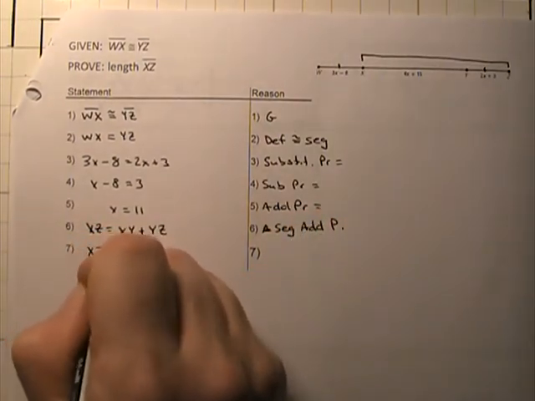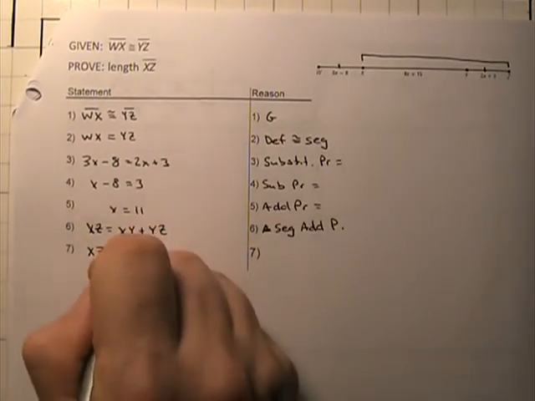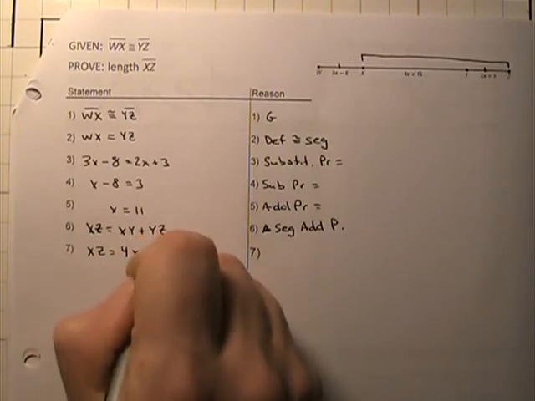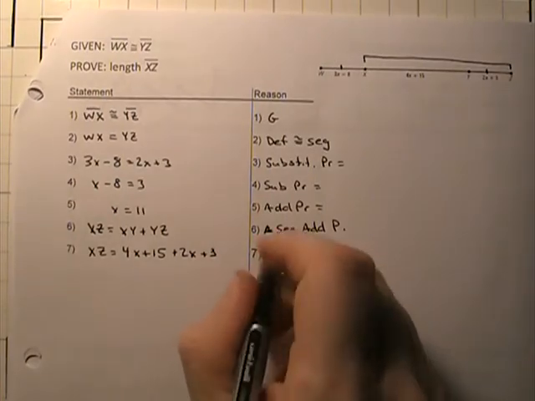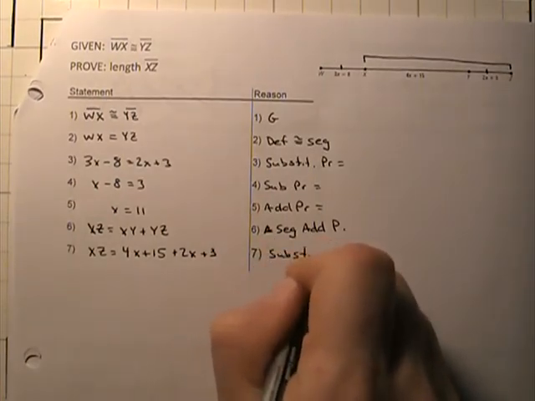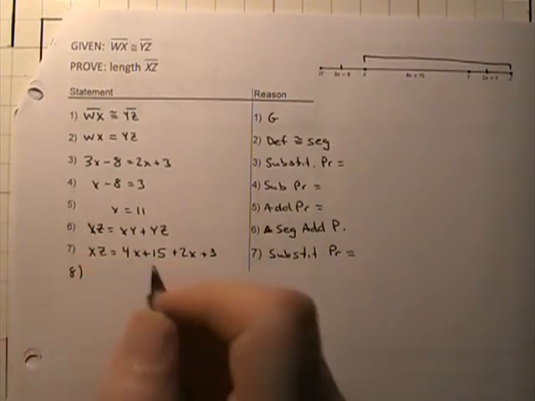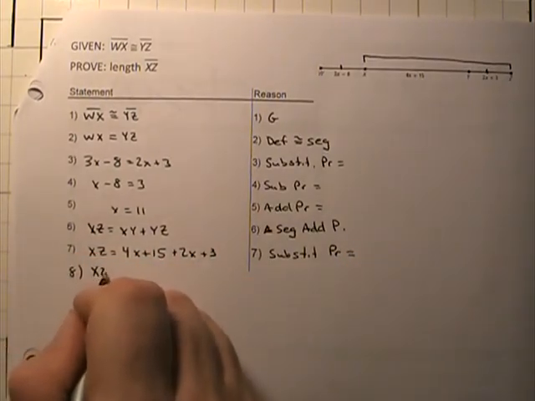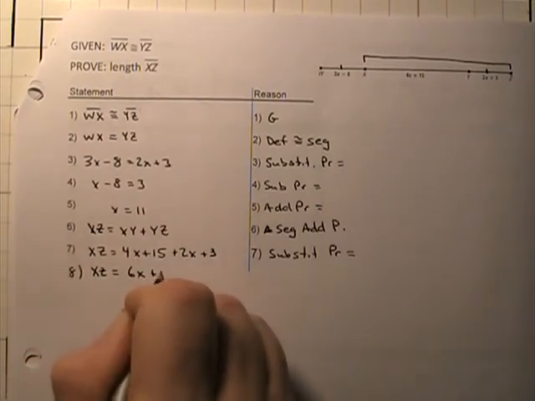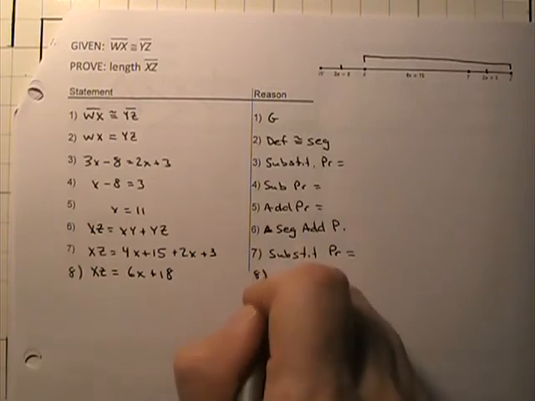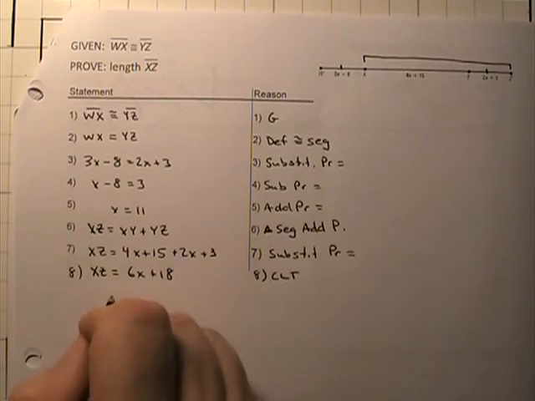So length XZ equals 4x plus 15 plus 2x plus 3. That's just substitution. And let's combine those terms. 4x plus 2x is 6x plus 18. And now let's substitute in our 11.